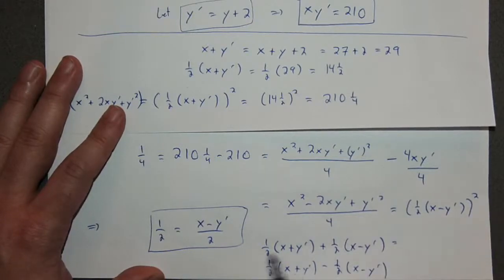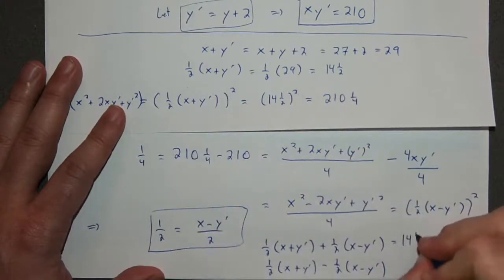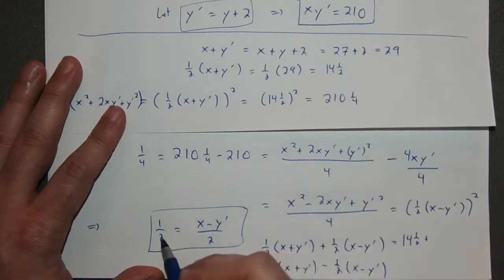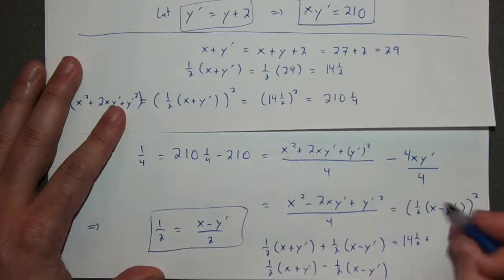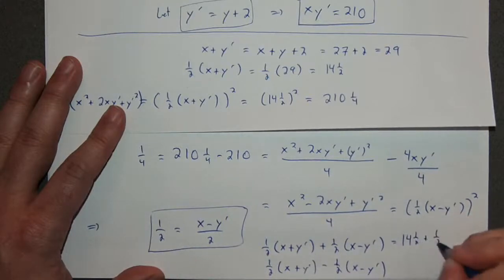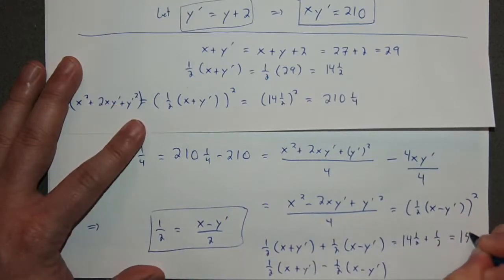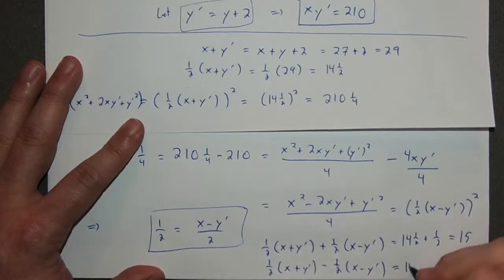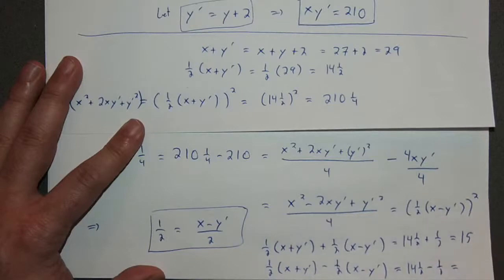We saw 1/2 (x plus y prime) is 14 and a half, and I'm adding to that 1/2 (x minus y prime), which is 1/2. So 14 and 1/2 plus 1/2 is 15. And 1/2 (x plus y prime) minus 1/2 (x minus y prime) is 14 and 1/2 minus 1/2, which is 14.